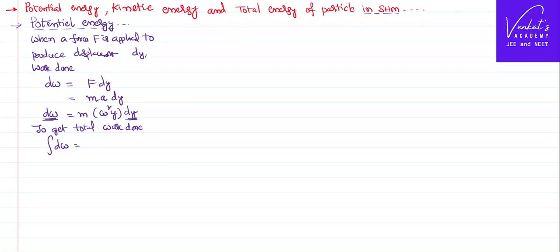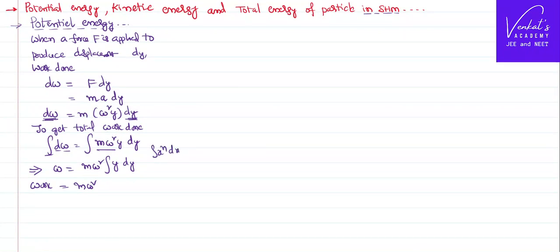So integral of dW equals integral of m omega square y dy. Integral of the differential of work done is equal to the work done. m omega square is constant, so it can be written outside the integration, leaving the integral of y dy. There is a formula in integration: integral of x power n dx is x power n plus 1 by n plus 1.